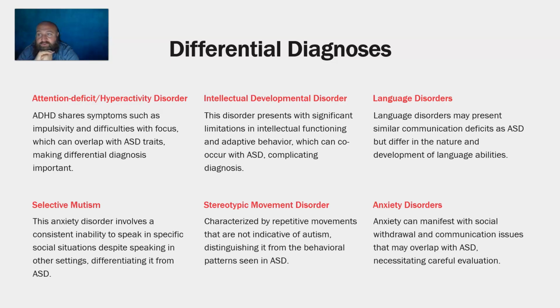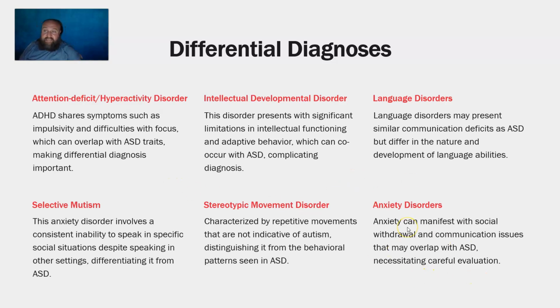So you have to look through those, and of course what would be the deciding factor there is also like the social impairments and some of the other things. Selective mutism, stereotypic movement disorder, and anxiety disorders. I'll say anxiety as a whole with children and adults with ASD tends to be very common also.